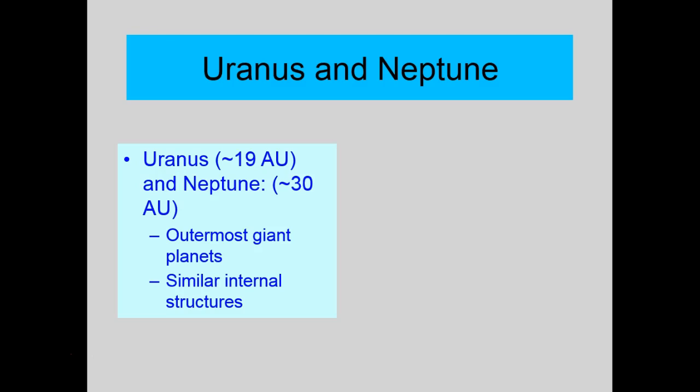If this was Sun and this was Earth, 30 times this. I don't know how far out into the woods that would go, but somewhere way out there would be Neptune. These are the outermost giant planets, very similar to one another, very similar in internal structures, similar to Jupiter and Saturn, but on much smaller scales.